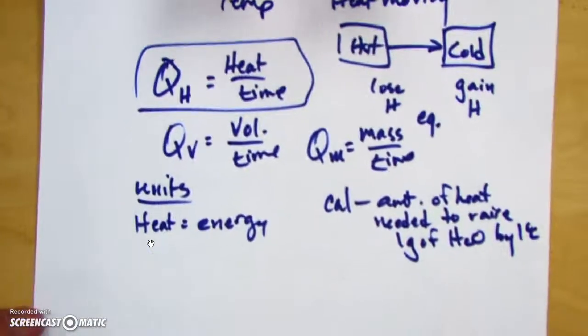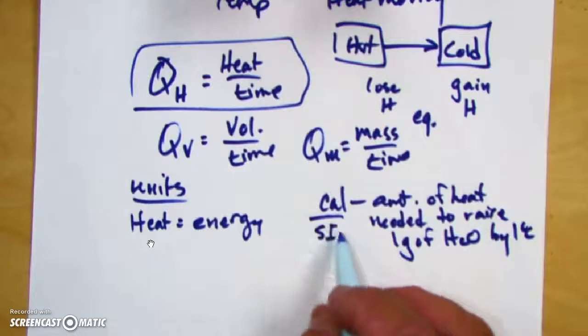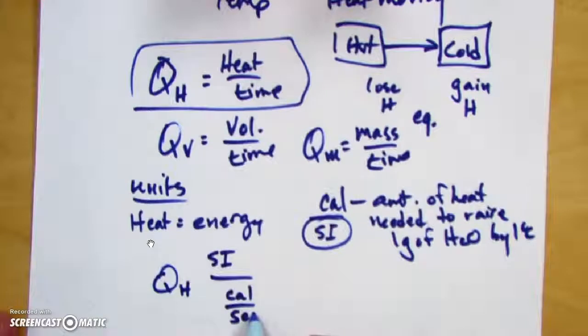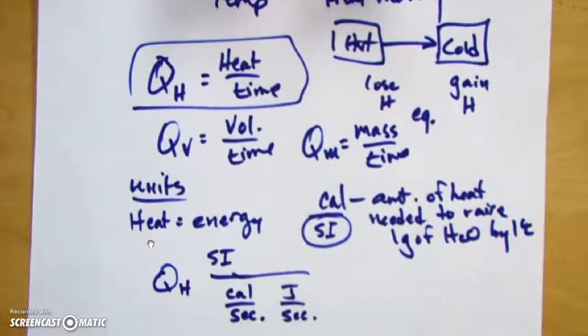That's the definition of a calorie. Calorie is actually a metric unit. Most people don't realize that, but it actually is a metric unit. So an SI unit for heat flow could be calories per second. It could also be joules per second, since heat's a form of energy. Either one of those would work.